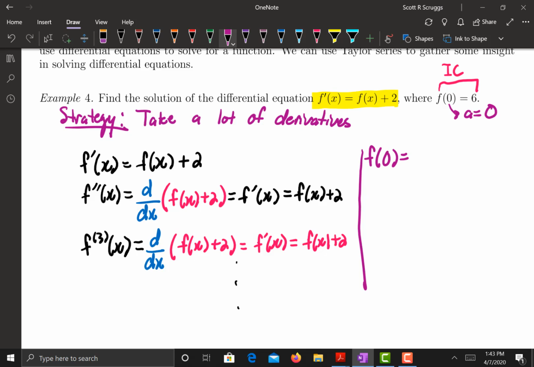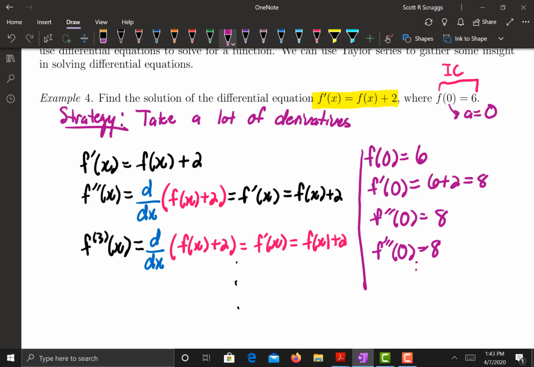At f of 0, I know what information I'm given: I get 6. The first derivative, plug in 0. Since it's f of x plus 2, and f of 0 equals 6, 6 plus 2 equals 8. And since all the other derivatives are equal to the first derivative, that means the second and third derivatives equal 8, and everything else should also equal 8.